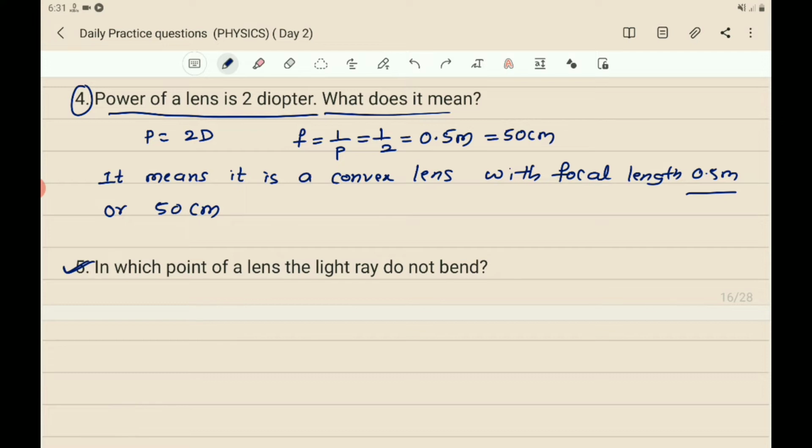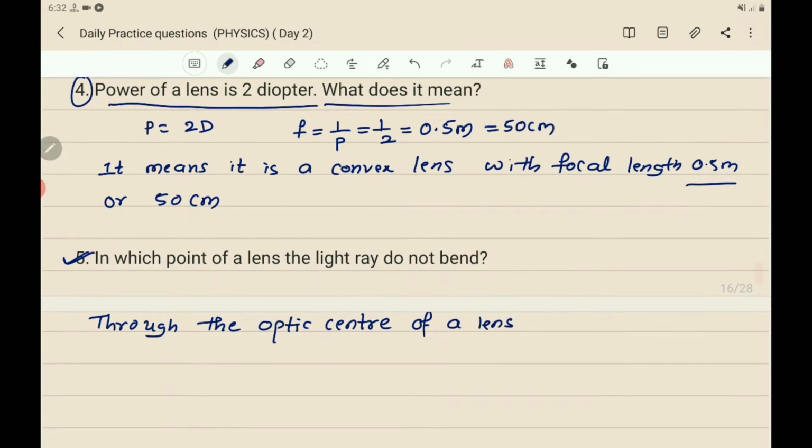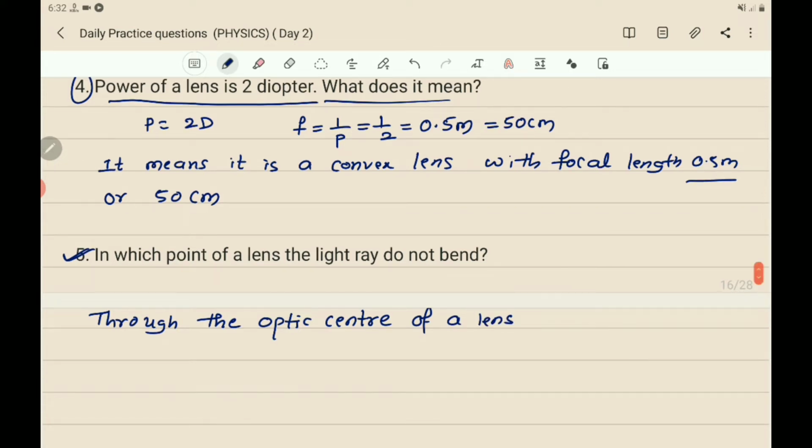So you write that through the optic center of a lens the light ray do not bend.